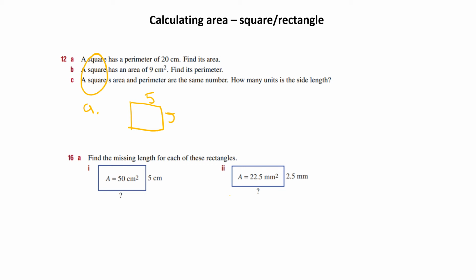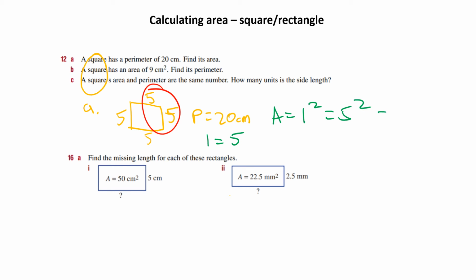So 5 plus 5 is 10, plus 5 plus 5, that's going to give me a perimeter of 20 centimeters. That means my area is going to come from that. Area equals L squared, where L equals 5, so 5 squared gives me 25. And what units is it in? It's in centimeters, so it's going to be centimeters squared.